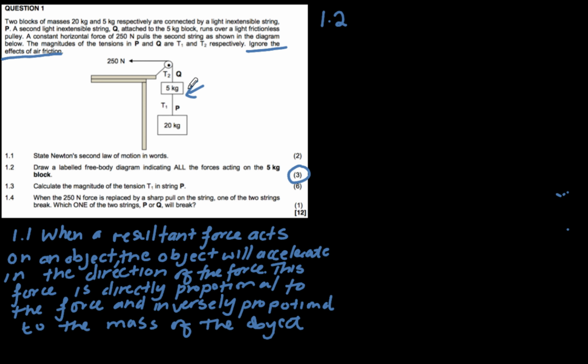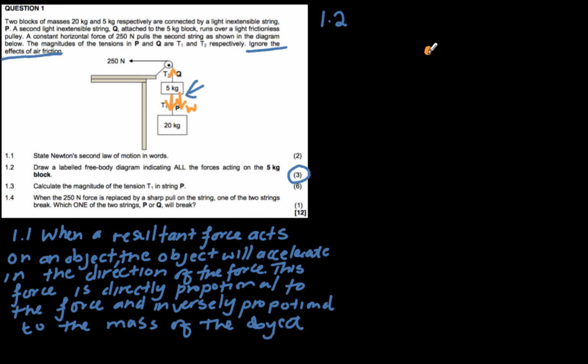So as you can see, this is our 5 kg block that we are interested in, and on this diagram we're going to have a downward force for tension, an upward force for tension, and in addition to that we are also going to have a weight, and these will be our 3 forces.